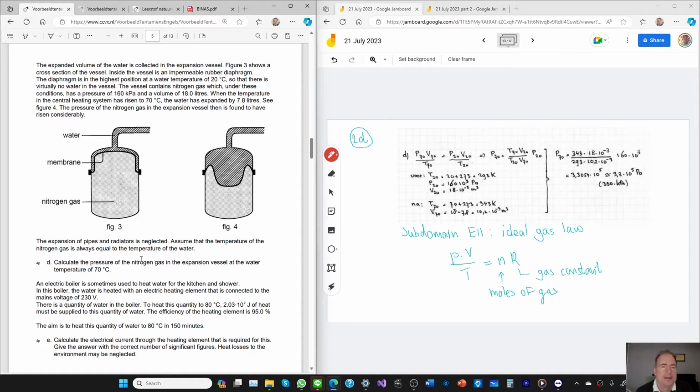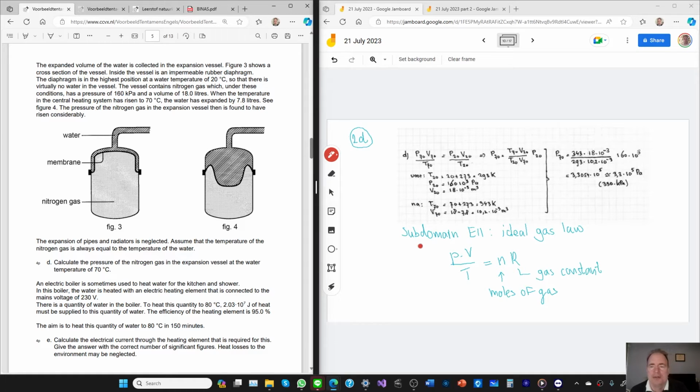If you go from 20 to 70, because of the expansion, the volume of this nitrogen gas will go down, and the pressure will increase.